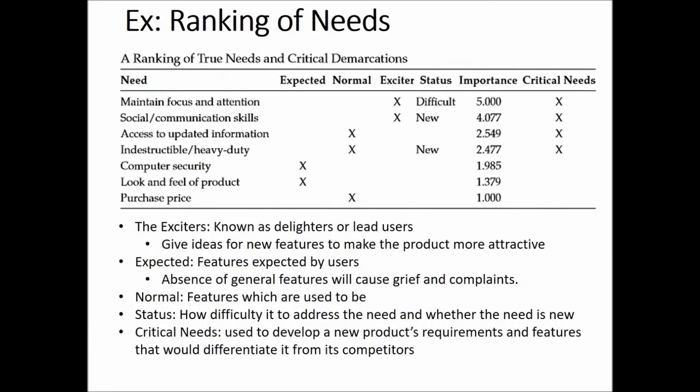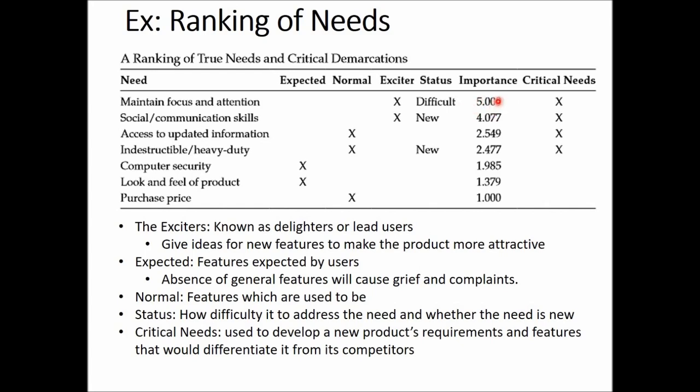And once you do this ranking, of course, you can find the values corresponding to the importance of each and every customer need. In this particular exercise, maintain focus and attention has become the most important customer need. Of course, if it is a learning tool, getting the attention as well as the focus of the student would be the most important thing.